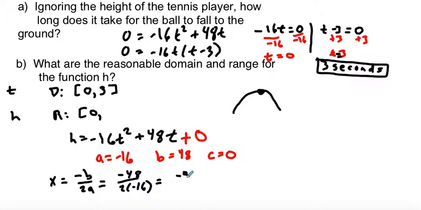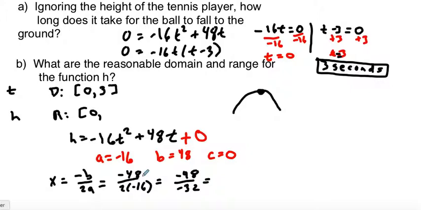Then I'm going to clean up my denominator. And then we're just going to divide that out. So I can take negative 48 and divide it by negative 32. And I end up getting 1.5.